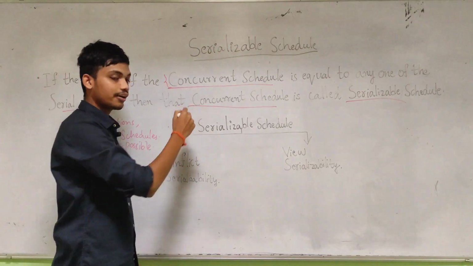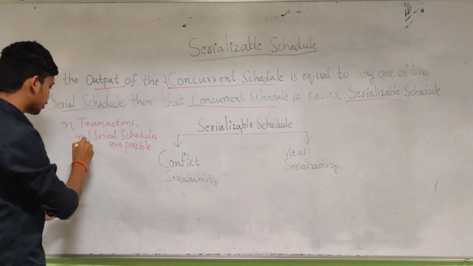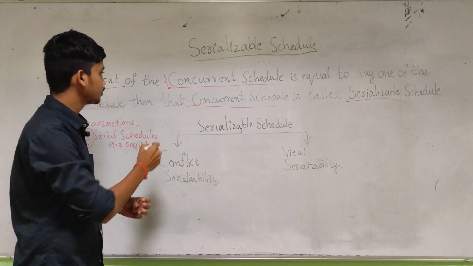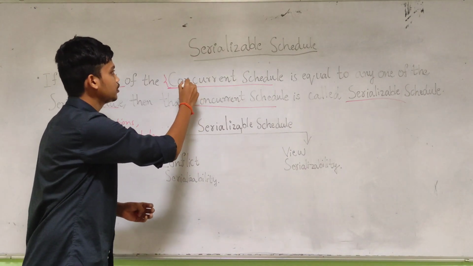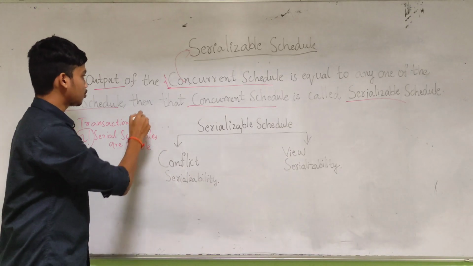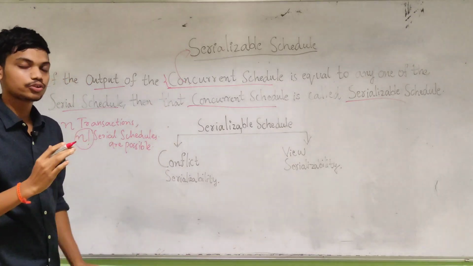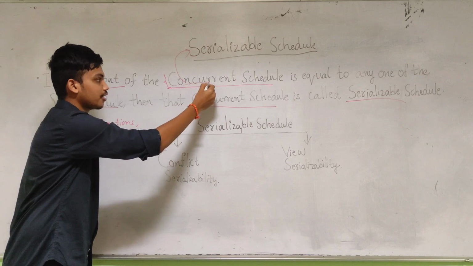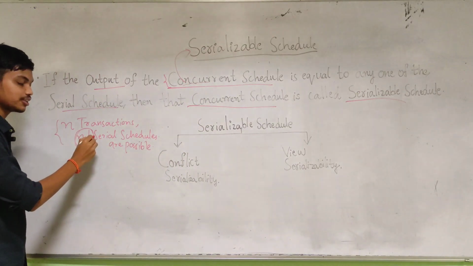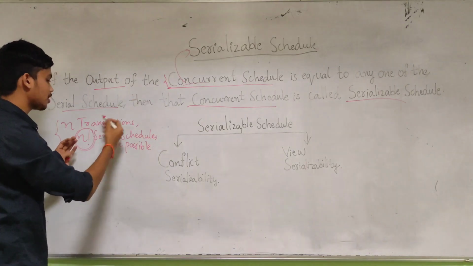If our concurrent schedule's output matches any one of these n factorial serial schedules, then that concurrent schedule is called a serializable schedule. So for checking serializability, first you need to calculate the output of our concurrent schedule, and then calculate the output of the n factorial serial schedules, and check one by one.